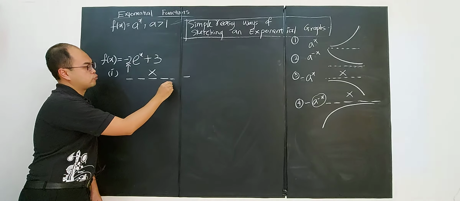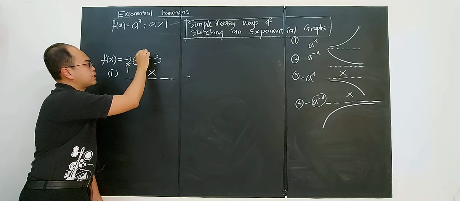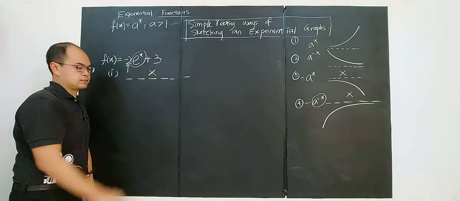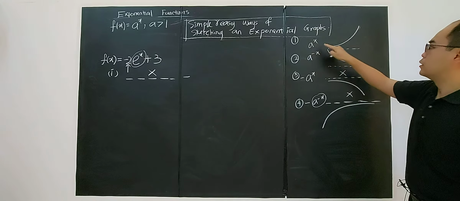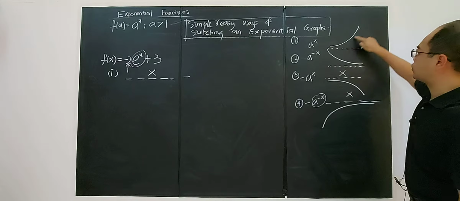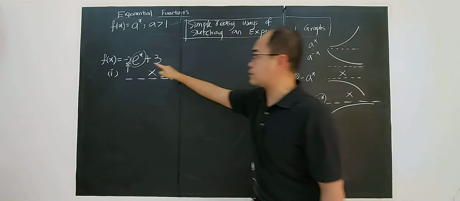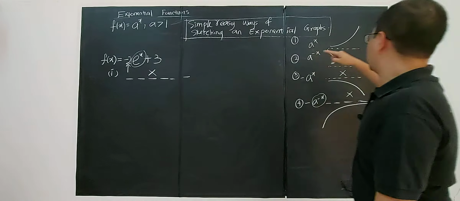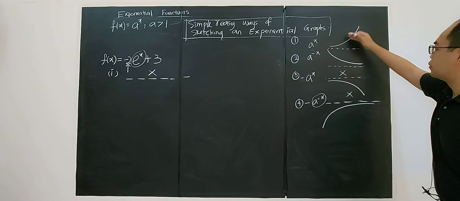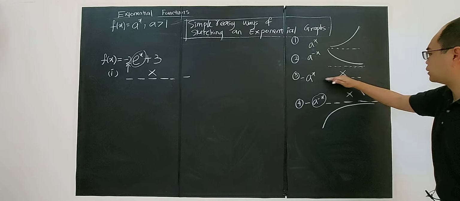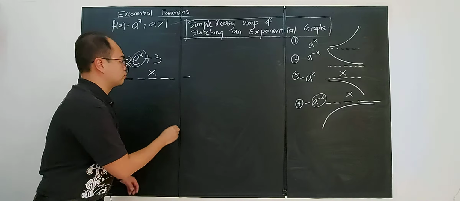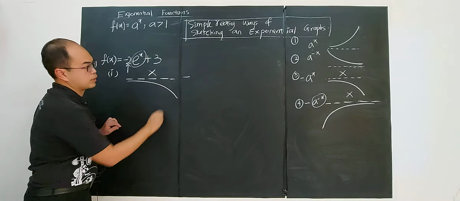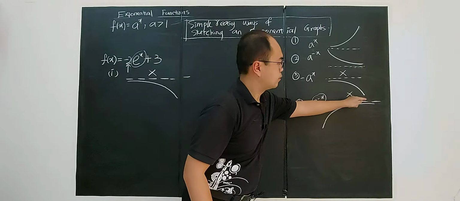Then look at it, e to the power of x is similar to this, where the shape of the graph goes this way. But because there is a negative here, it has to be reflected below the horizontal asymptote. So I know that the graph has to move this way, right? Can you see that?